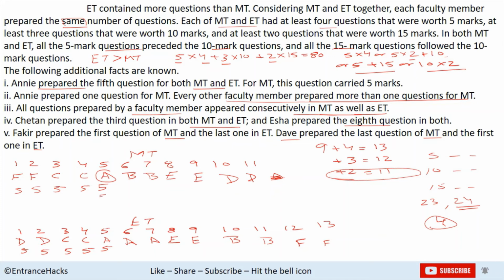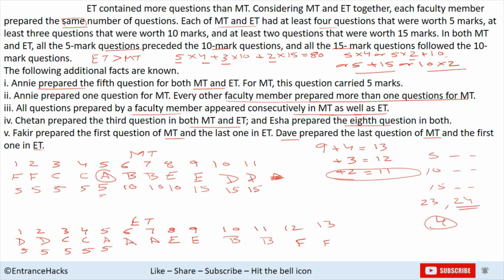One question has appeared here, so this combination has been used. 1 extra question was of 5 marks, 1 extra question was of 15 marks. So we have 3 questions of 10 marks, and then 15 marks questions, that will be 2 minimum and 1 extra question.